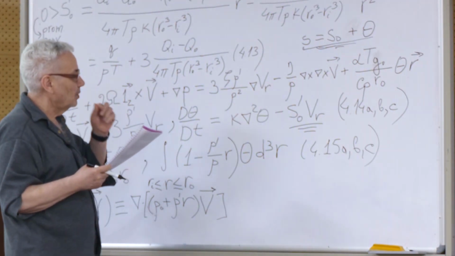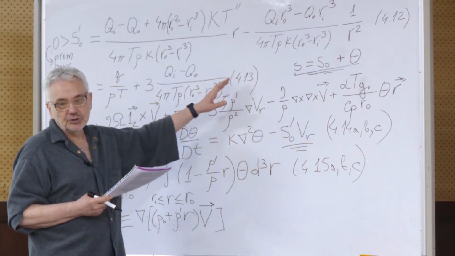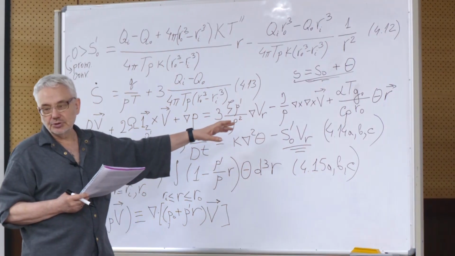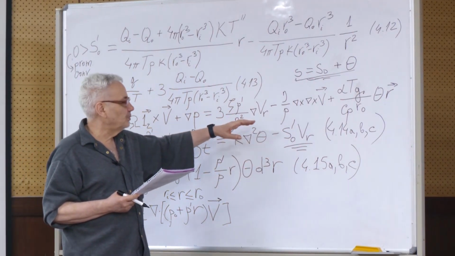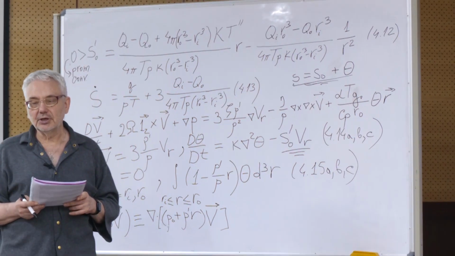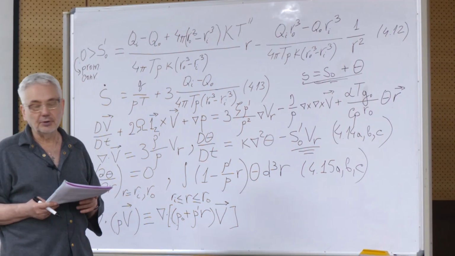Okay, actually in our previous consideration we neglected this term, but here I return this term just because I am trying to write down a more general equation than we previously considered. So the maximally possible general equation.